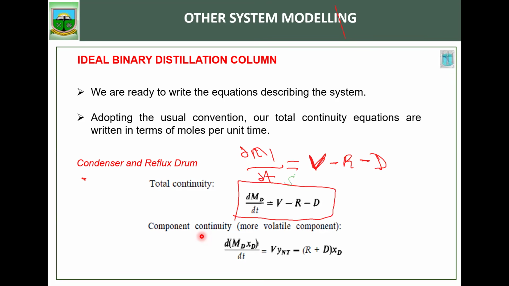Now, for the component balance, it is going to be the mole fraction of the distillate. So you have the change of the distillate holdup times x_D equal to V times the fraction of the light component in the vapor that you collected, minus the fraction of light component in the distillate, minus the fraction of light component in the reflux.